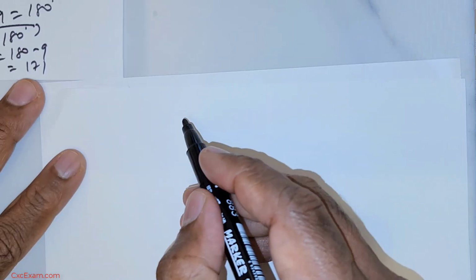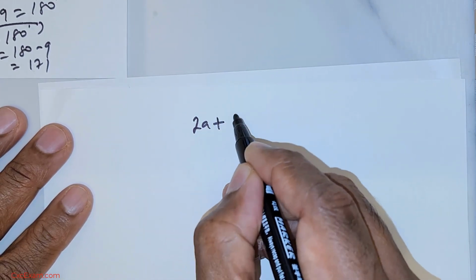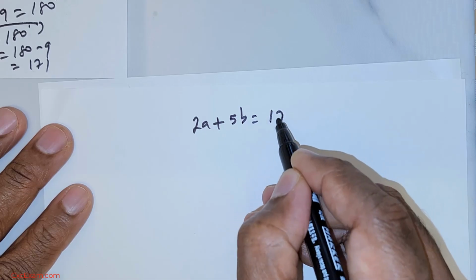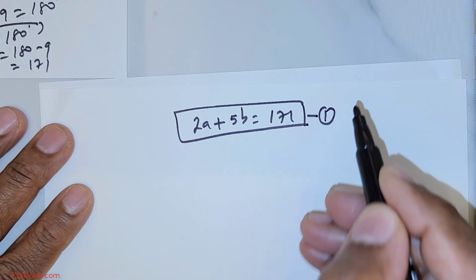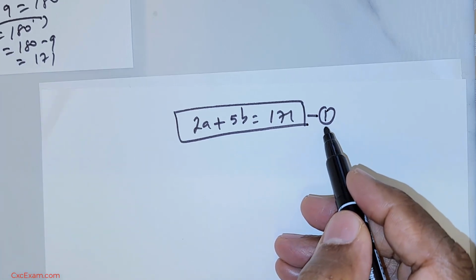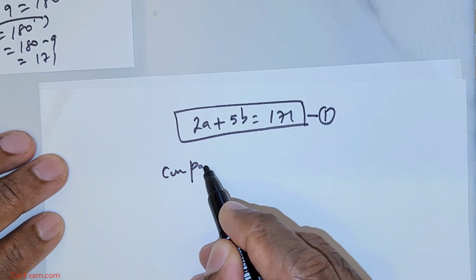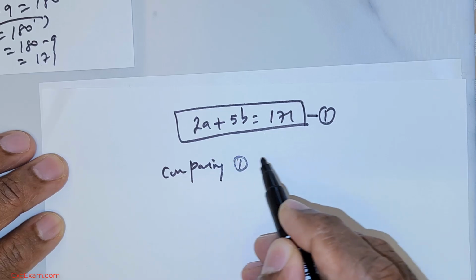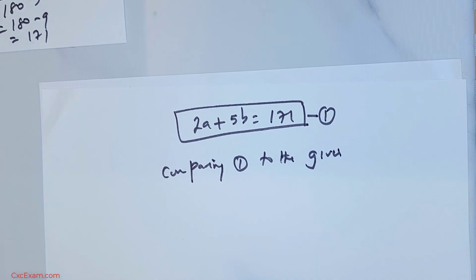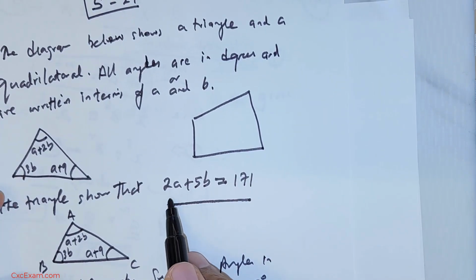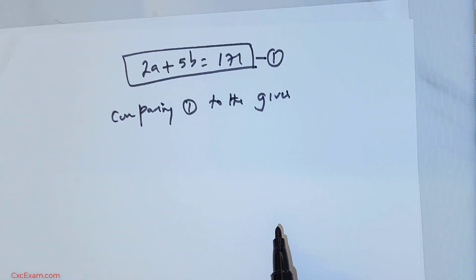So let me solve that. So you have 2a positive 5b is equal to 171. I'm going to take that as 1. Now comparing 1 to the given. So what is given? Given is 2a positive 5b is equal to 171.